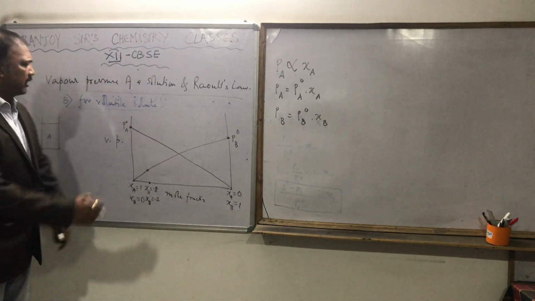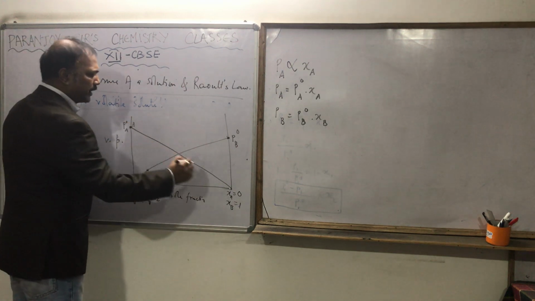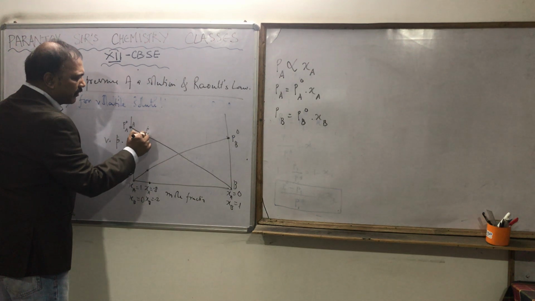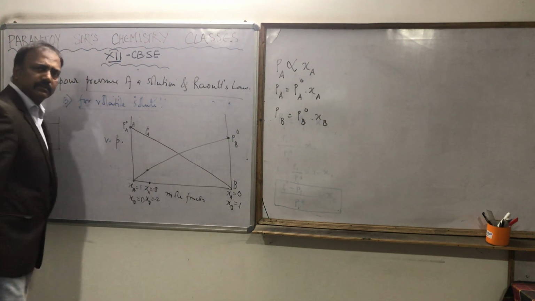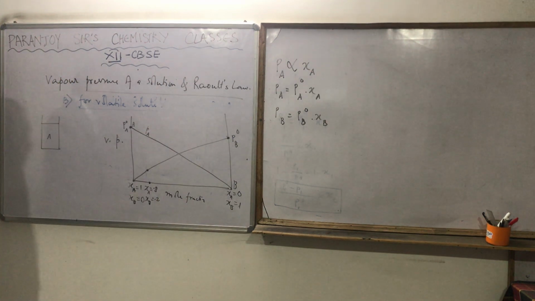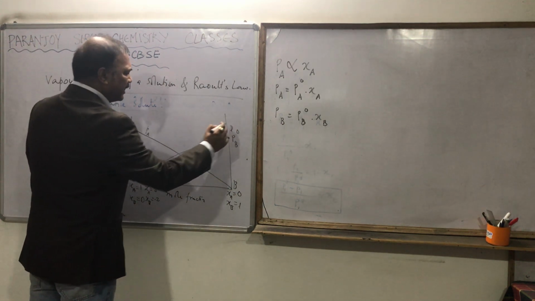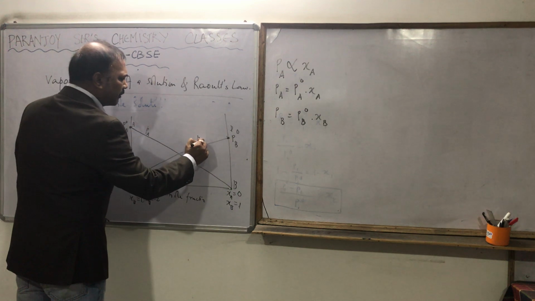Let us give this straight line a name, AB. AB is the vapor pressure curve for A. This is nothing but PA. Let us name this one CD. CD is the vapor pressure curve for B of the solution.